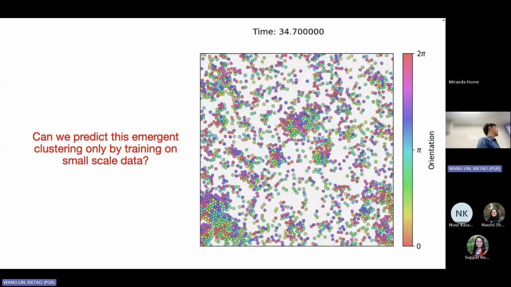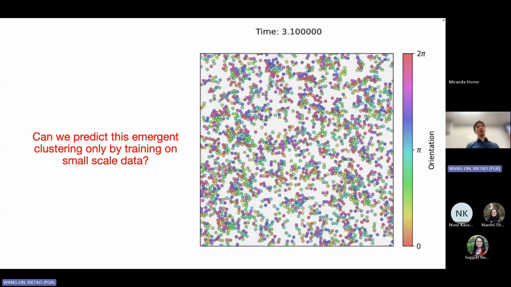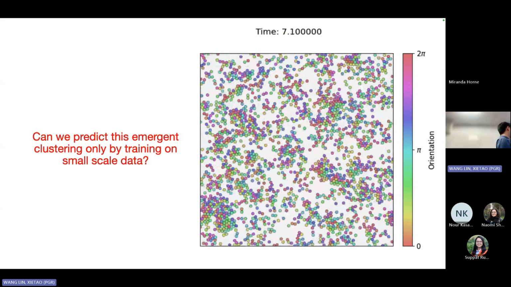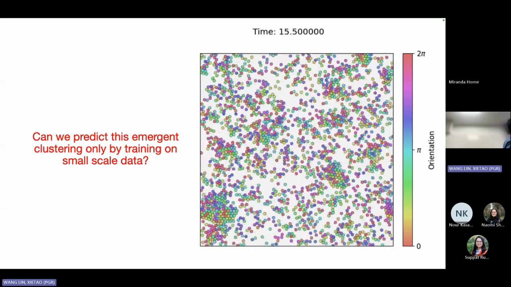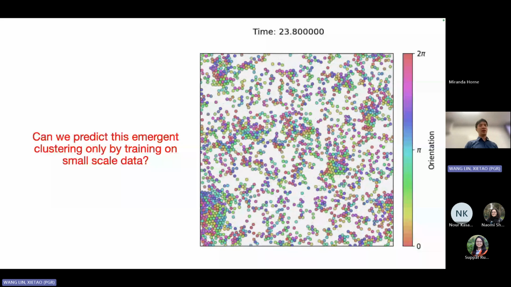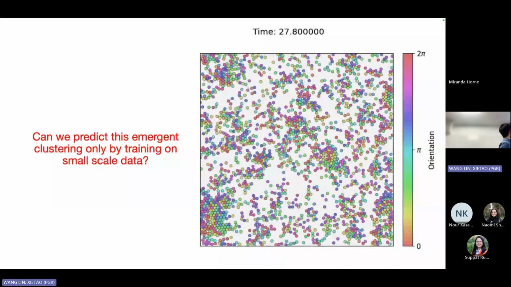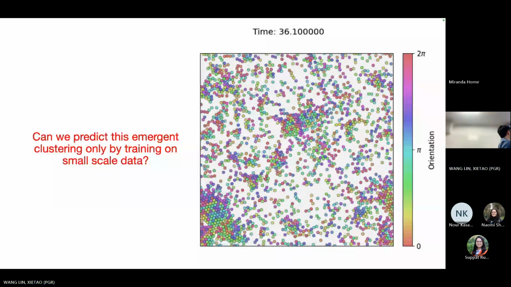So with just repulsions, and of course the activity, particles naturally cluster. And more importantly, this phenomenon only happens whenever we scale the model up.